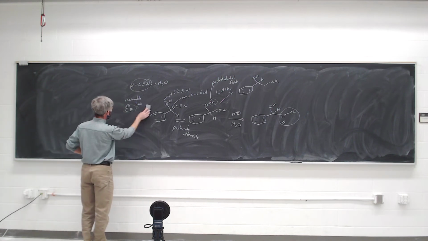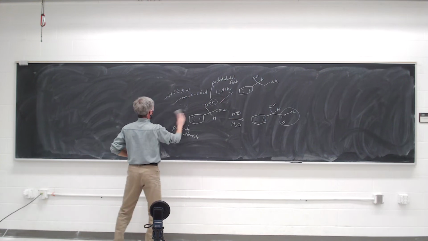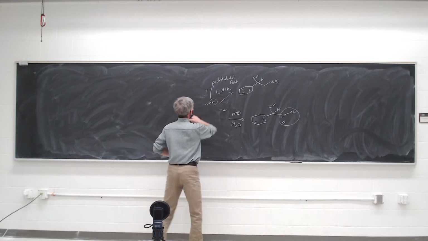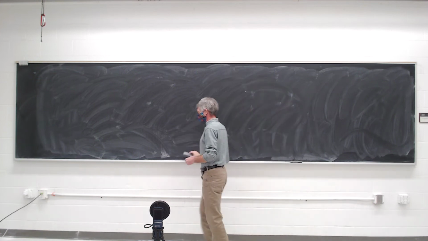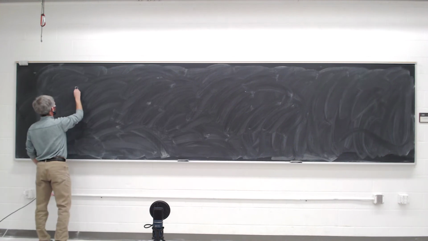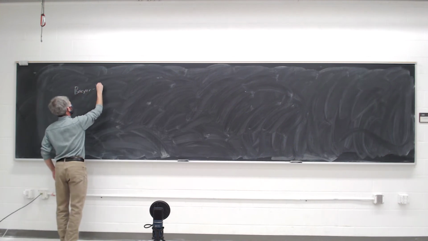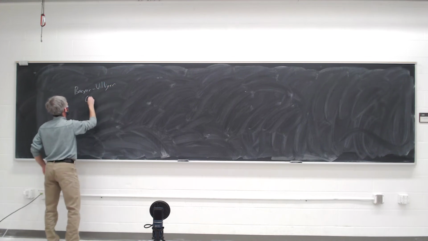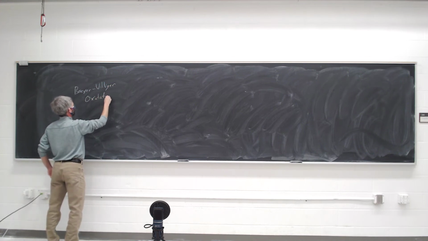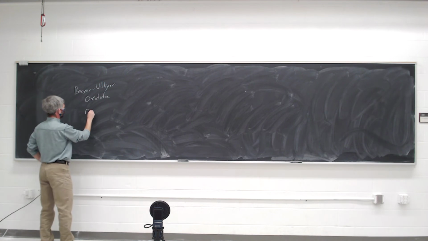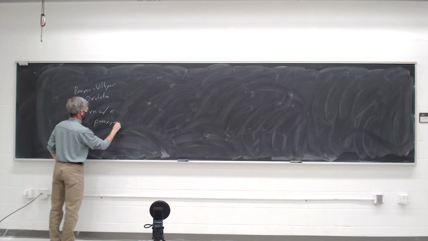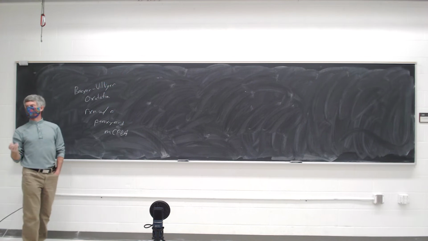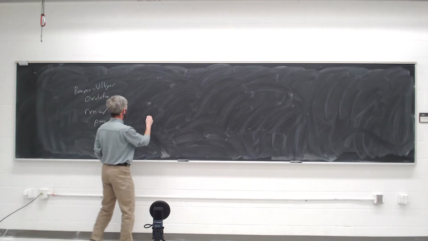The Baeyer-Villiger oxidation is in between, a four-step mechanism, and it's the second example you've seen in the course of a reaction with a peroxy acid. It can be done with MCPBA, although that's not the only peroxide that will do it.